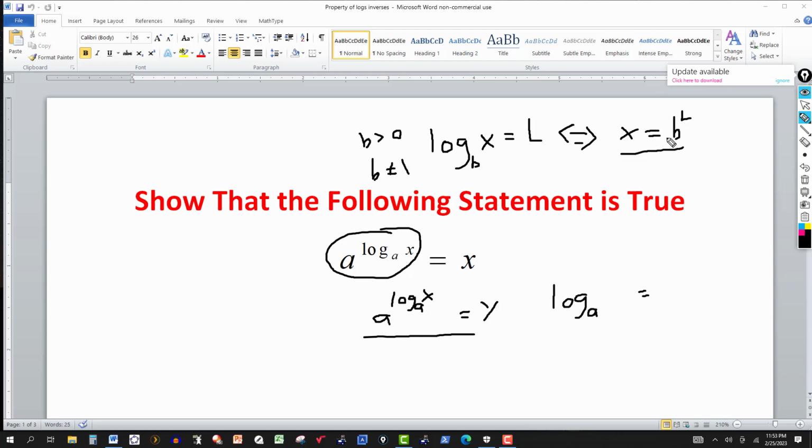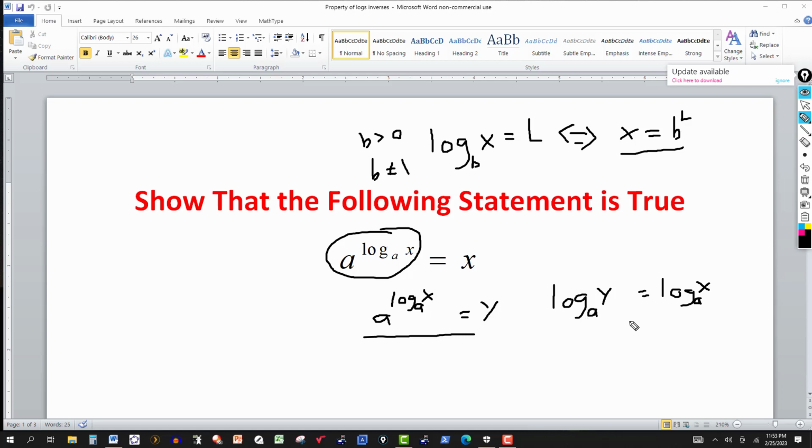When you look at the relationship here, this x and this x here, in this case, it has to be y. This has to be y here. And then what goes over here is the L, or the actual logarithm, which in this case is represented by the log of x to base a.